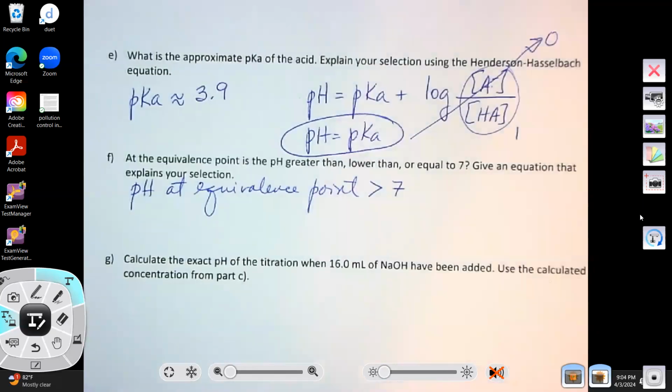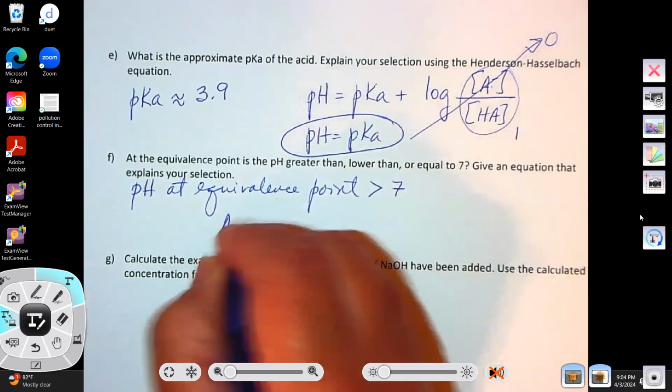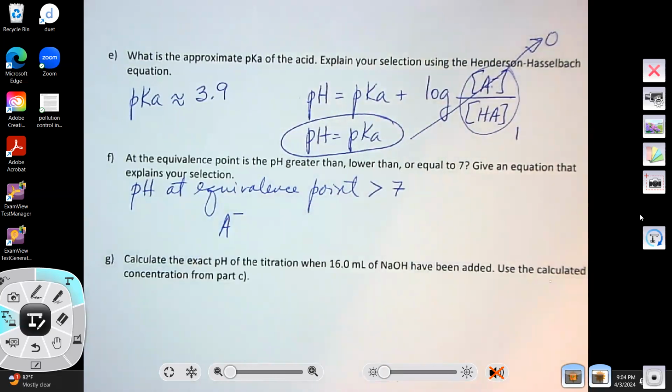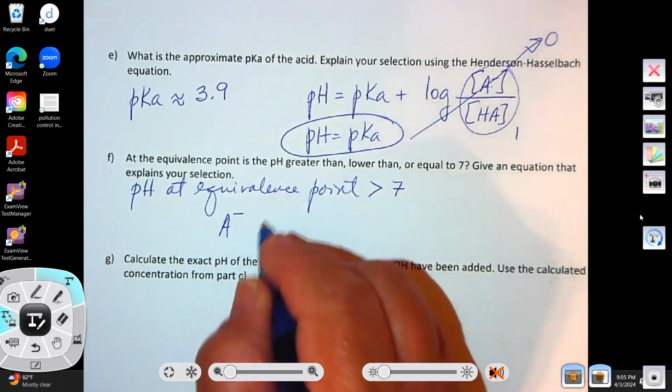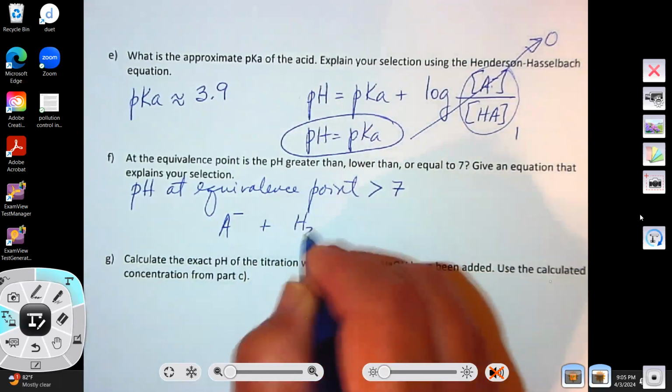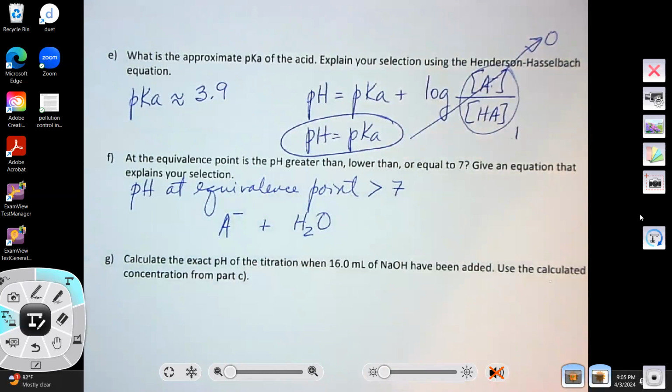Now, remember that at the equivalence point, the only species present is the conjugate base of the weak acid. And the conjugate base of the weak acid experiences what is called hydrolysis. That means reaction with water.